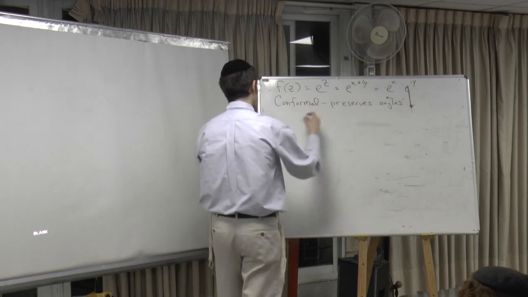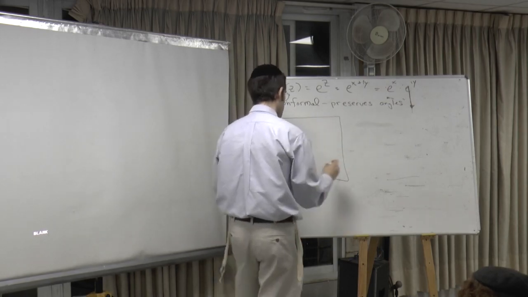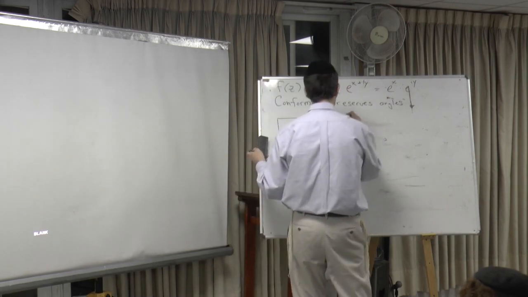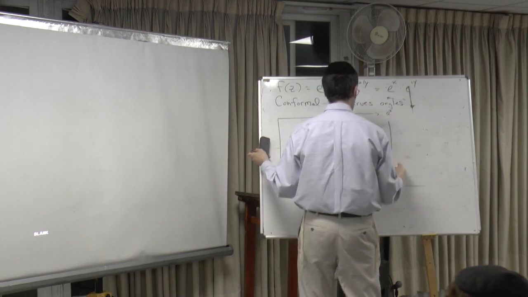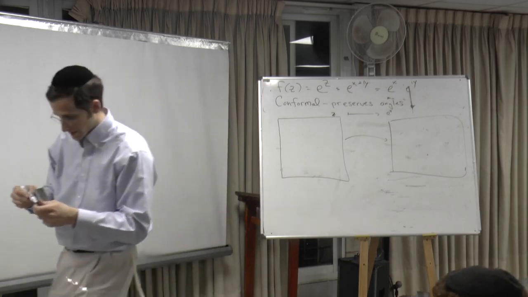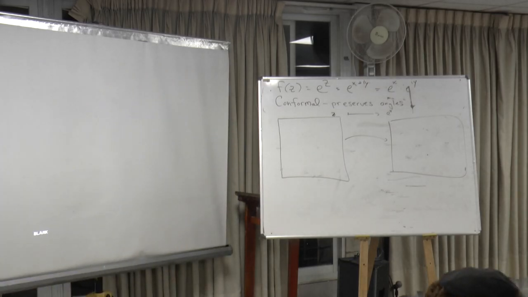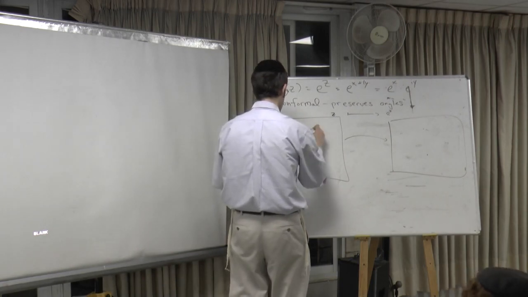This is a very general thing. If you put it in the right language, it's not even very hard to show, but I don't have time to do that. So here z goes to e to the z. Okay, so we can look at, I hope that some of these colors work. Yeah, that works.